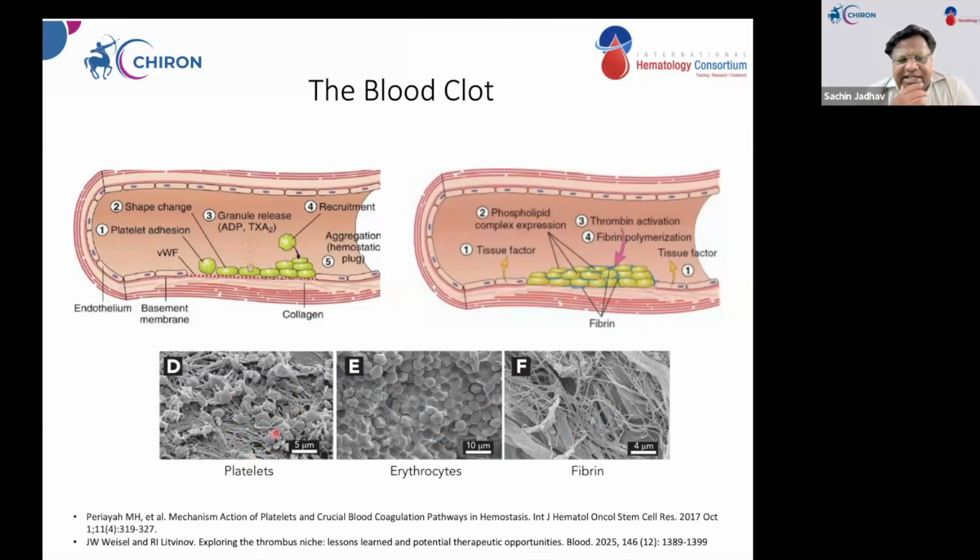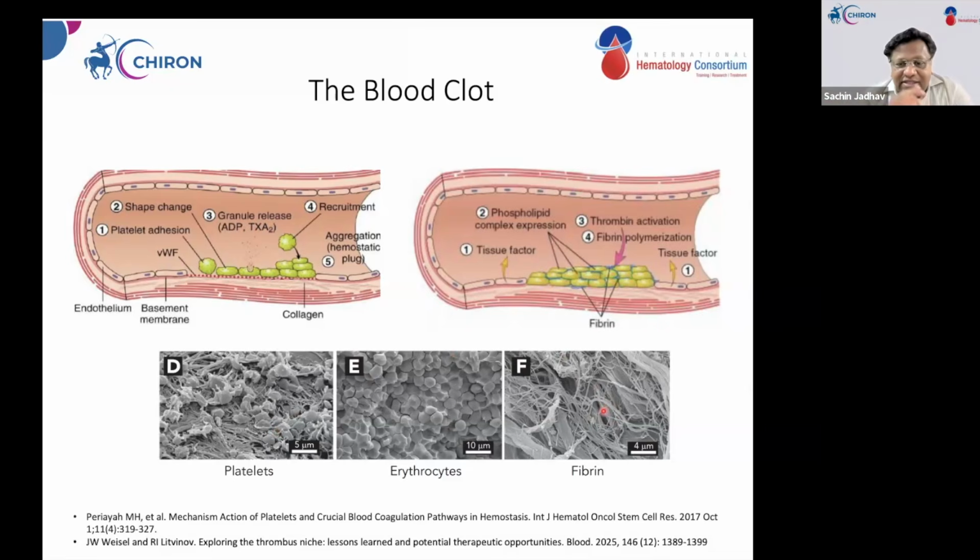Of course, there are a lot of details in the coagulation pathway reactions which happen. There are a lot of details about how the platelets themselves propagate clotting, and then later on they lead to retraction, etc. Again, we are not going to get into this. But it's important to remember that for a clot to form, we need platelets, we need the coagulation factors, which ultimately result in fibrin threads, right?